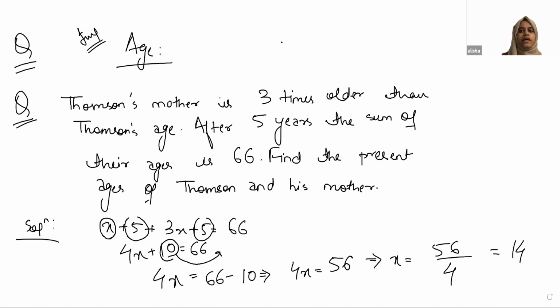So you are saying that x came out to be 14. So 3x is equal to 3 into 14. That is what? 42.